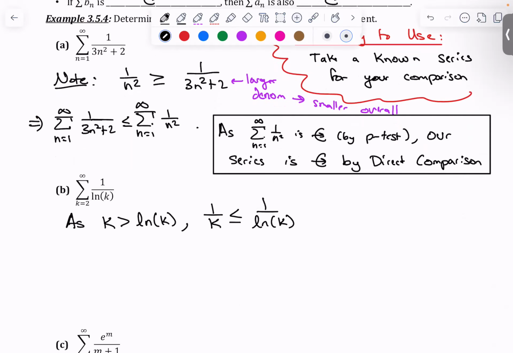That's true, right? 1 over k will have a larger denominator, meaning that it'll be an overall smaller fraction. So that means that the series from k equals 2 to infinity of 1 over k is less than or equal to the series from k equals 2 to infinity of 1 over natural log of k.